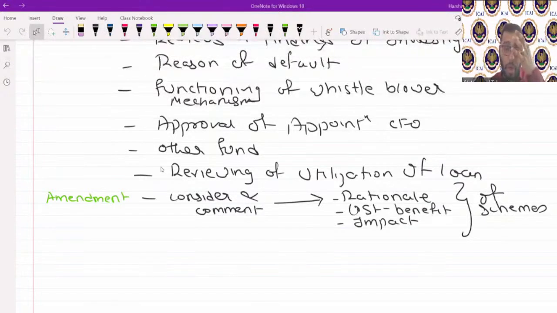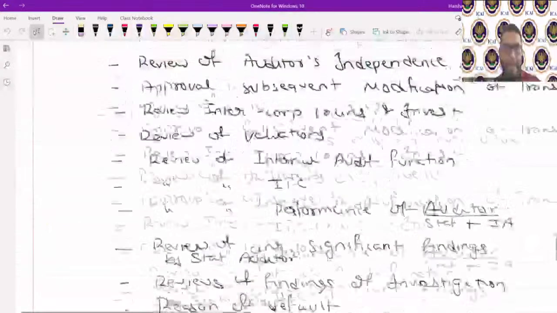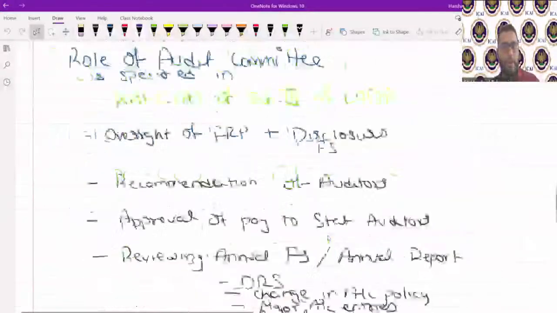A circular was issued on the resignation of statutory auditor in October 2019. There are already some regulations on the resignation of the auditor, but there are certain additional requirements which were issued through a circular. We'll understand those requirements.